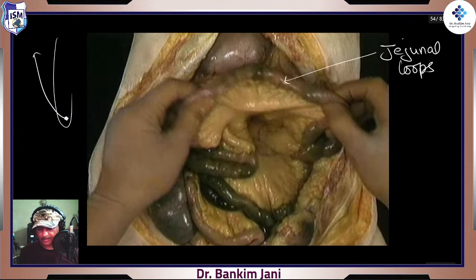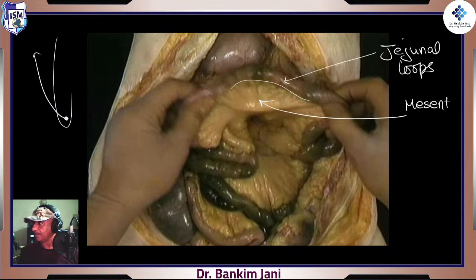We have not yet discussed it, but we know one thing, that beyond the foregut there is only dorsal mesogastrium, so only on one side it is attached. That's how we really see it. So this is the mesentery. Stomach looks so small because we have not yet explored it. You'll see it's a huge stomach. So this is the mesentery of these jejunal loops.